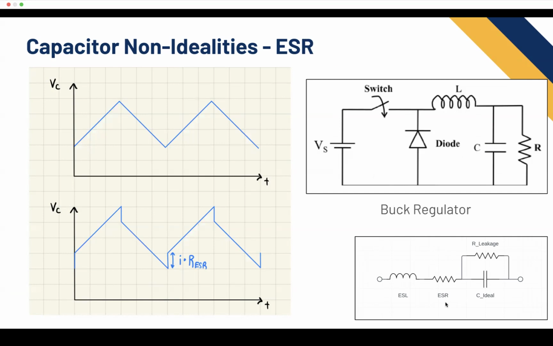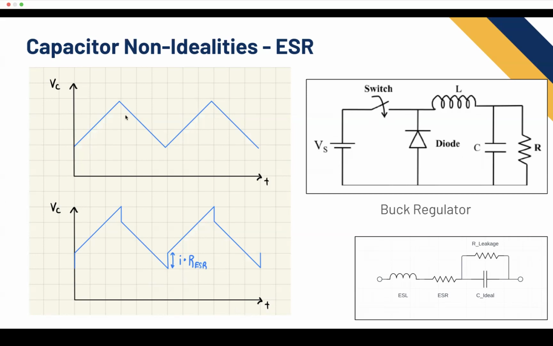But when we have this equivalent series resistance, as we have current going into the capacitor, there'll be a voltage drop across that resistor, right? So that's actually what this increasing one is, you have current going over that resistor. So the voltage is higher, right? Because current is going here.